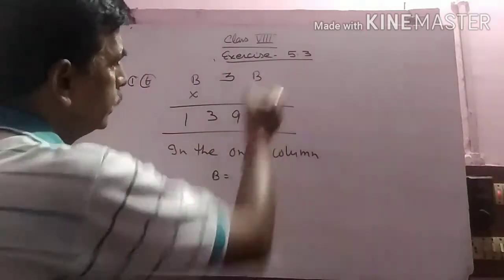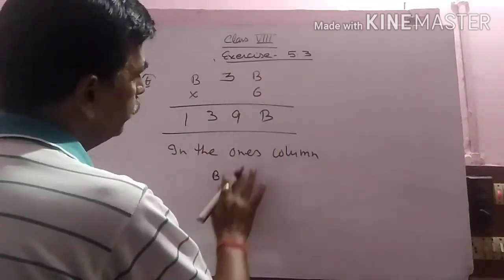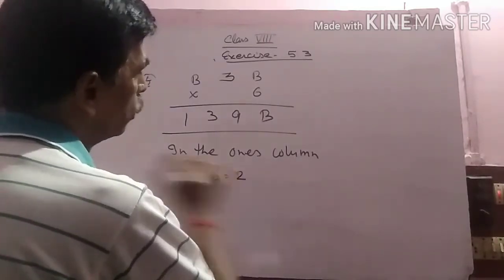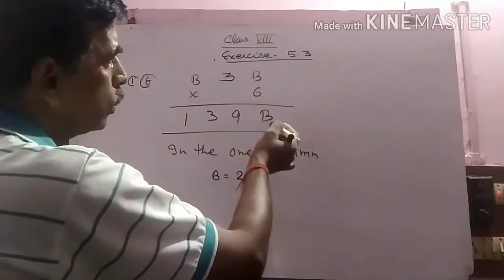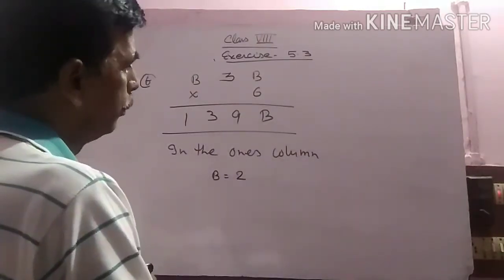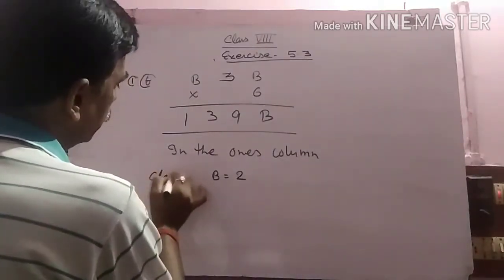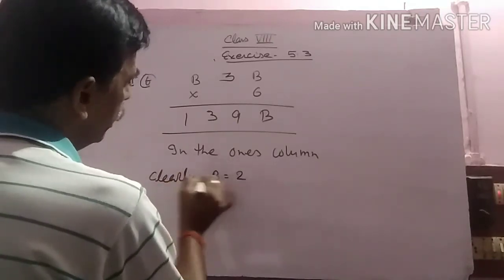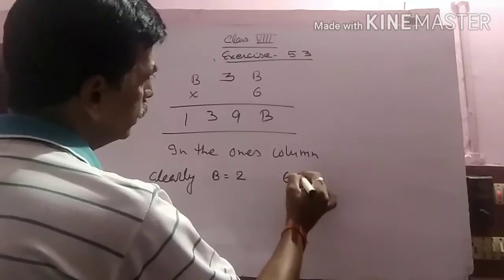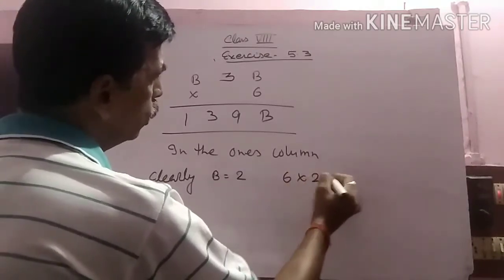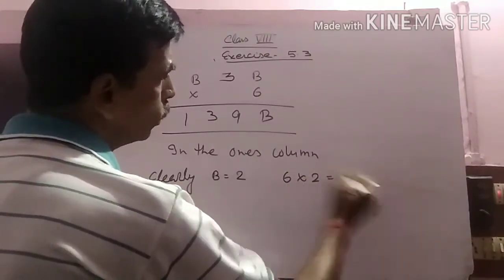So 6 into, suppose we have taken B is equal to 2. Then 6 into 2 becomes 12. So we have written B here. So you can write like this. Clearly B is equal to 2. So 6 into 2 is equal to 12.